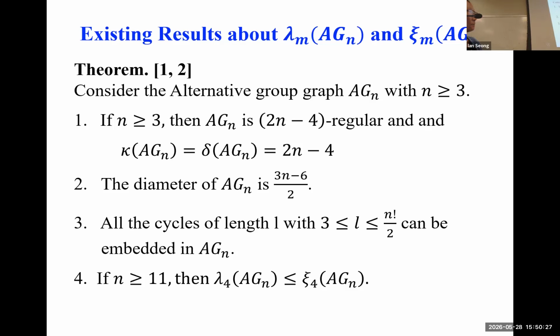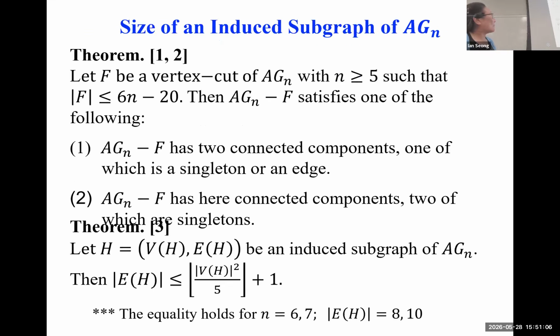You can find cycles of every length starting from 3 up to the order of the graph, so that's called pancyclic. Also, for large enough n, this restricted lambda is always less than a bound. Actually, this works for a lot of other M's, with some conditions. These are some properties of this graph.